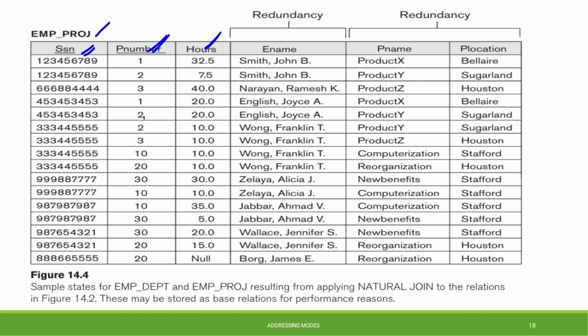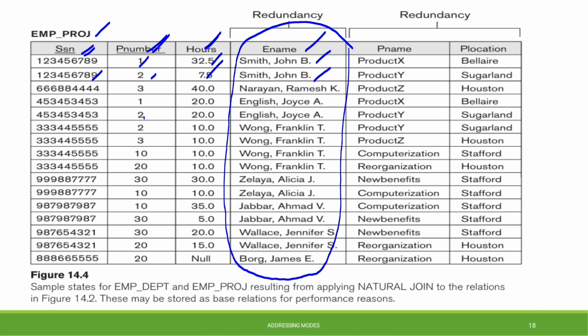But every time we mention this, the name of that employee has to be repeated, because this employee is working on two projects here, and for how many hours has to be mentioned here, but both times for the same employee the name is repeated. So this part is showing the repetition of ename.